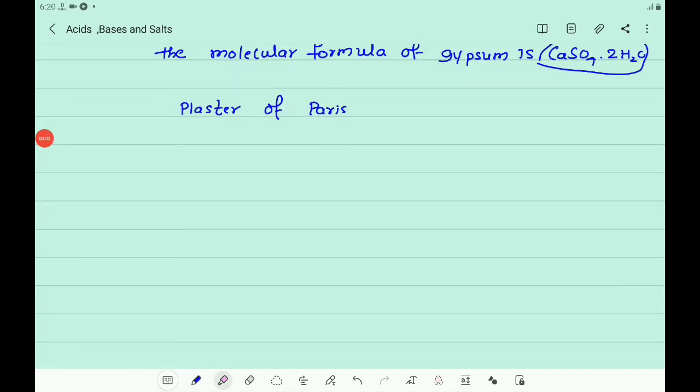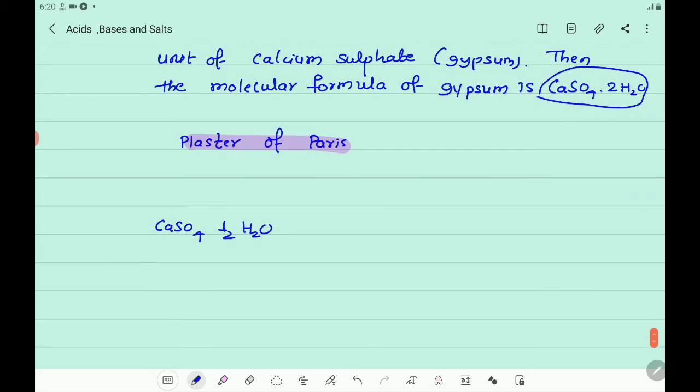Now let us discuss plaster of Paris. What is plaster of Paris? It is CaSO4 half H2O. Here you know that gypsum is CaSO4 2H2O and plaster of Paris is CaSO4 half H2O.